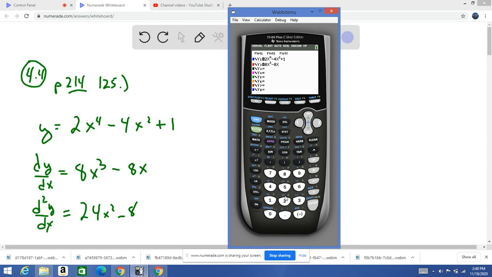Okay, what about the inflection points? The inflection points are at the zeros of 24x squared minus 8. It's the black curve, and the inflection points occur right there. So let's find what that is. Second calc, zero on the black curve.